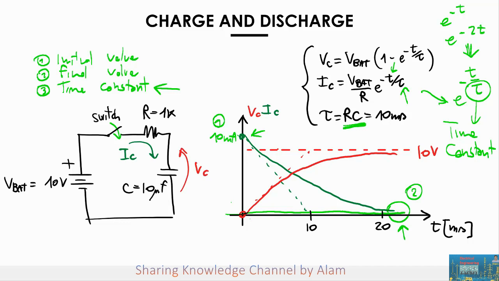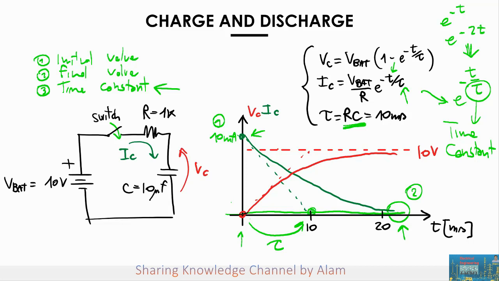Now, from time 0, or whatever the time of your initial value was, in our case 0, you move along that line by an amount equal to the time constant. So in this case, we went from 0 to 10 milliseconds because 10 milliseconds is the time constant. All you're doing is finding this point.